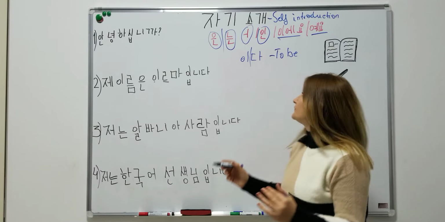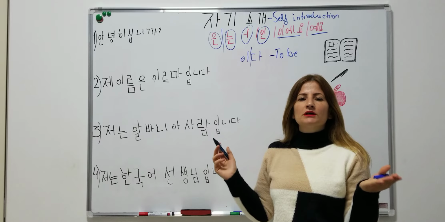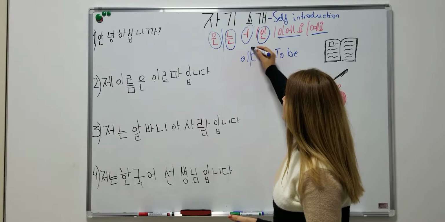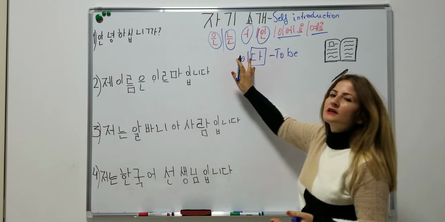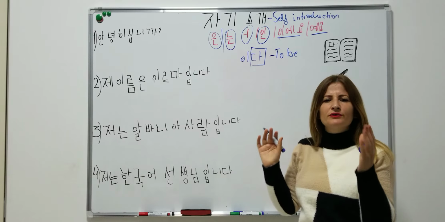So let us take first how to conjugate this verb, ita. So basically, this is the infinitive, which we use, but very rarely.